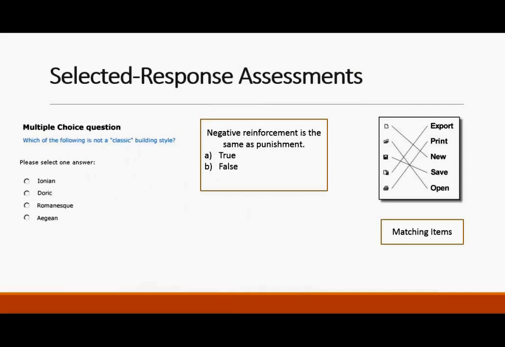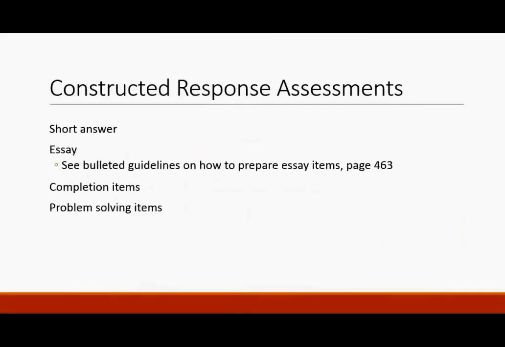Of course, I don't see a lot of matching at my level, but multiple choice and true and false are both quite popular. And constructed response assessments include those where you don't identify an answer, rather you provide it: short answer, essay, completion items, and then problem-solving items.